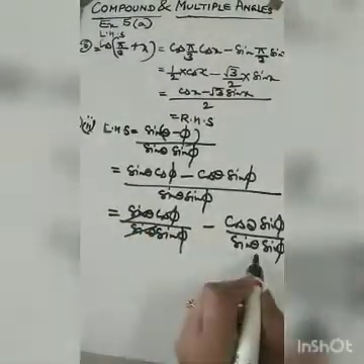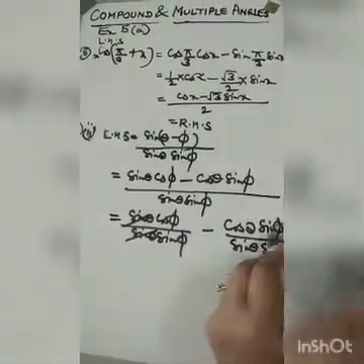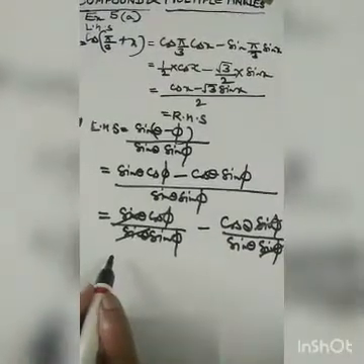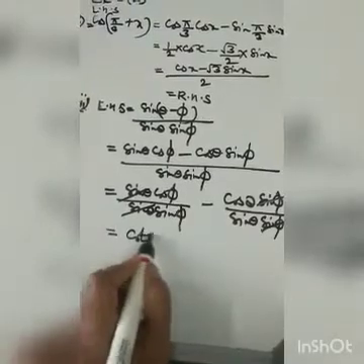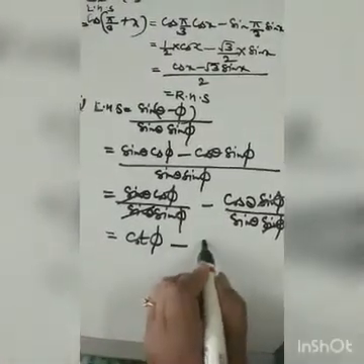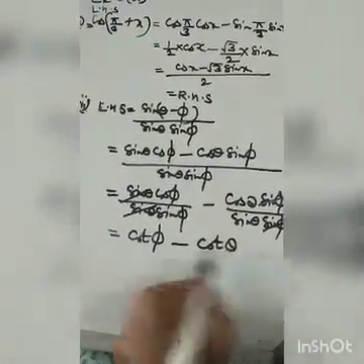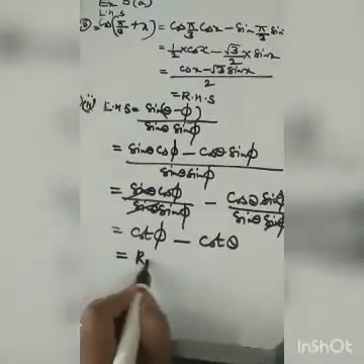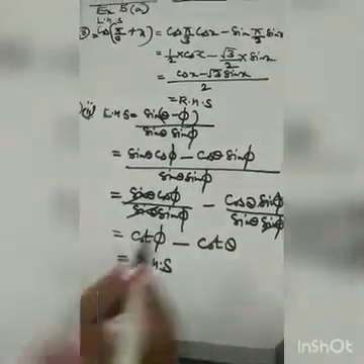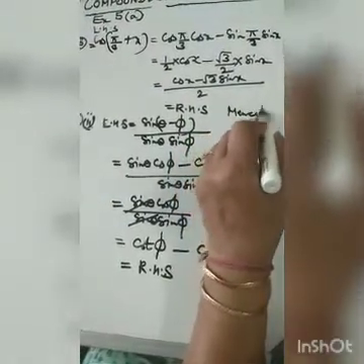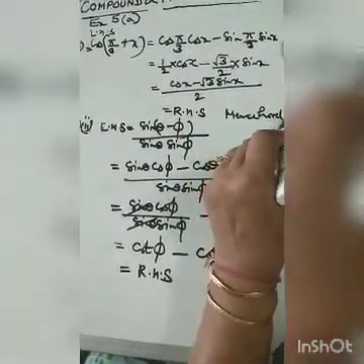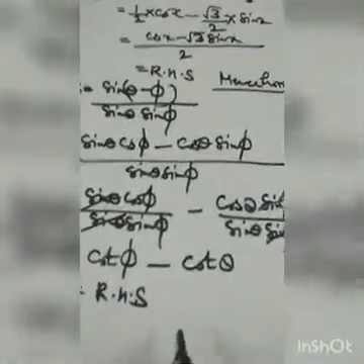This gets cancelled. This gets cancelled. What you get is cot phi minus cot theta equals RHS. Here also you can write hence proved. Always when we are writing a proving question, we can write hence proved.